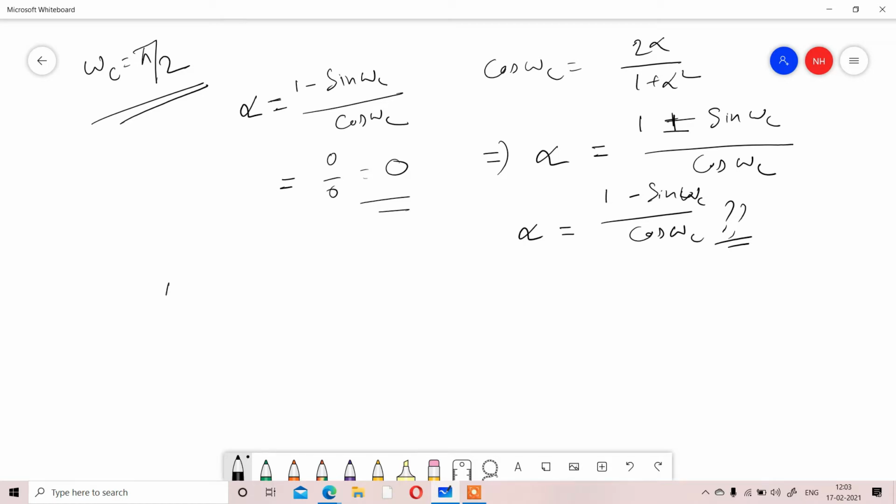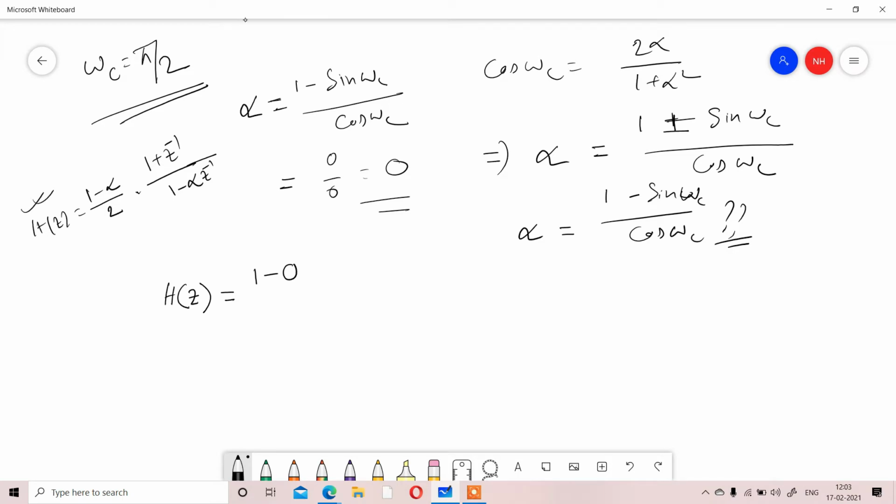So for this case, you are getting alpha equal to 0. So simply, the response H(z) was equal to 1 minus alpha by 2, 1 plus z to the power minus 1 by 1 minus alpha z to the power minus 1. Okay, that was the response.